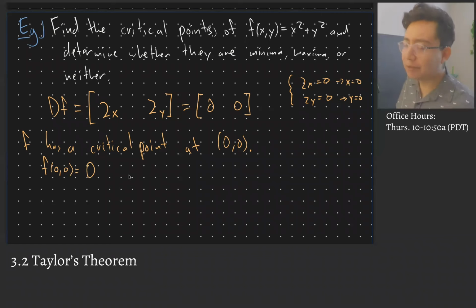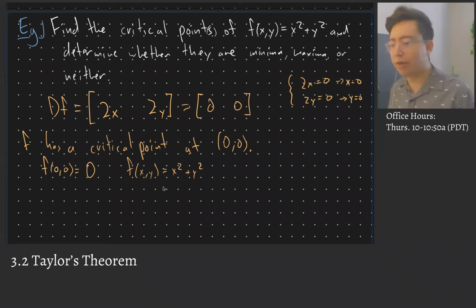But then what observation can we make about f of (x, y) equals x squared plus y squared? Well, if we plug in anything that's not 0 into here, whether it's negative, positive, or whatever, we're going to get something positive, right?